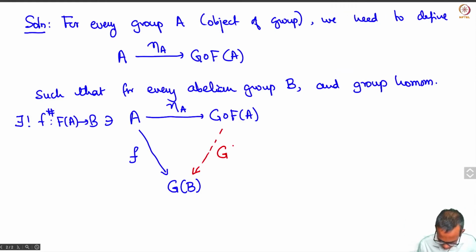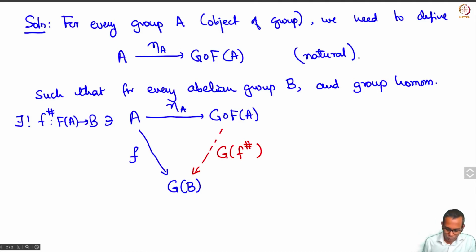So this is G of F sharp. Okay, and this eta needs to be natural. That means this collection needs to give rise to a natural transformation.